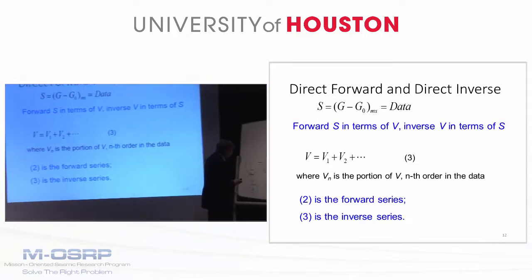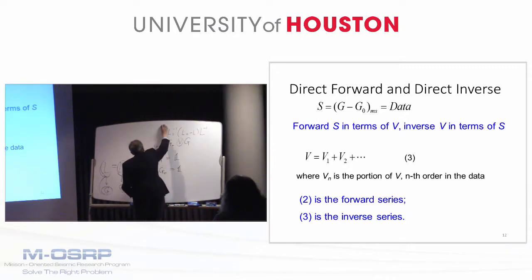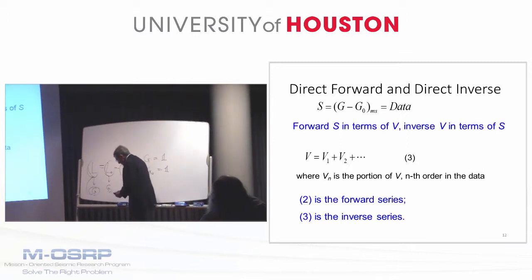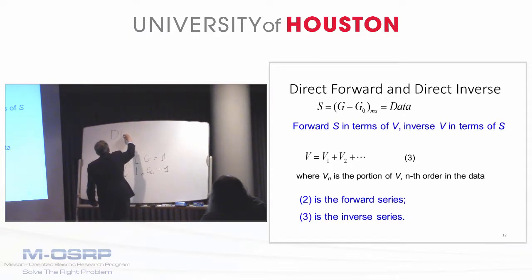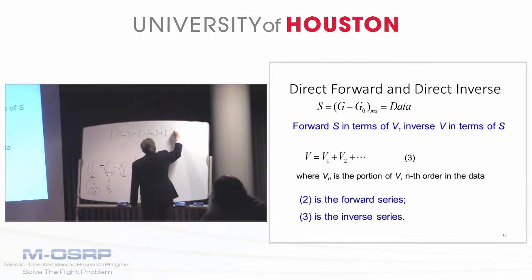If you think of Taylor series, everything will agree on the first term. If you think of the perturbation business as a Taylor series, meaning something like this, data of M equals data of M0 plus data prime of M0 times M minus M0, plus data double prime of M0 times M minus M0 squared over 2, something like that.